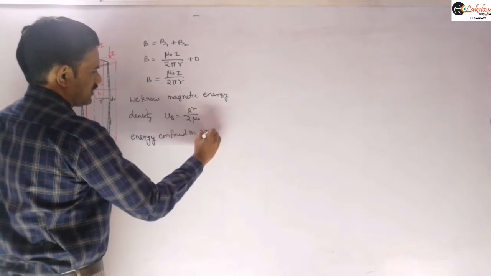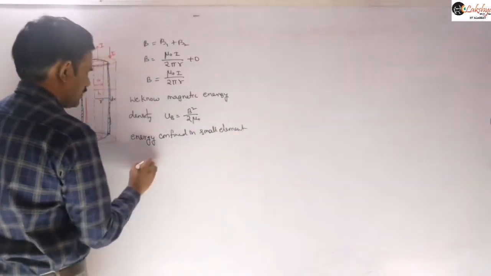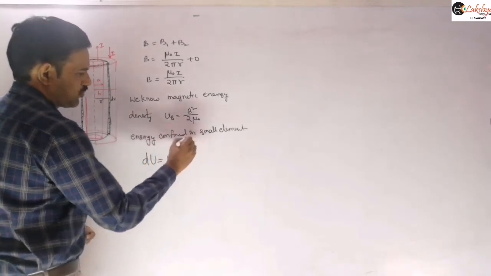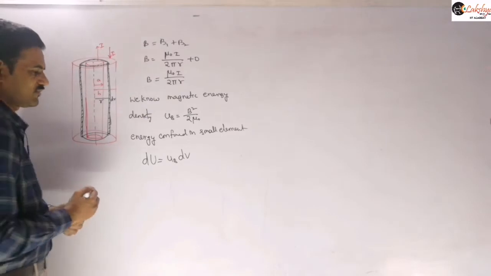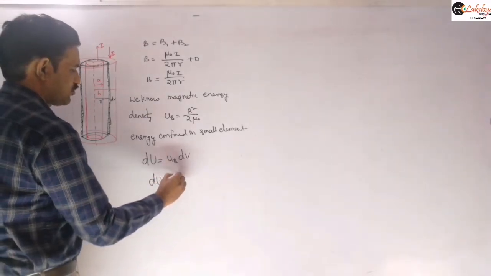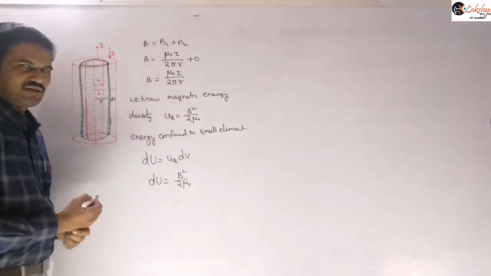Energy confined in small element. So dU is equal to UB, energy density, into volume of that element we need to write. So therefore this energy present in small element is equal to B square by 2 mu naught into volume of that element.